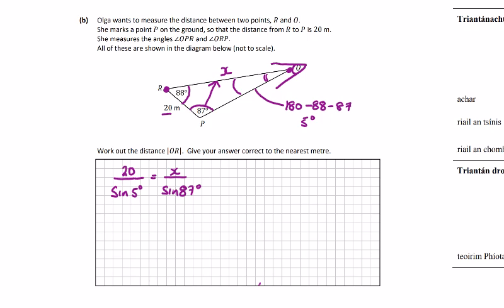And we just cross multiply here, 20 sine 87, we don't need to simplify until the end, that will be equal to x sine 5. But what we're going to do is divide by sine 5 in one step and say that x is equal to 229.159 to the nearest meter, 229 meters.